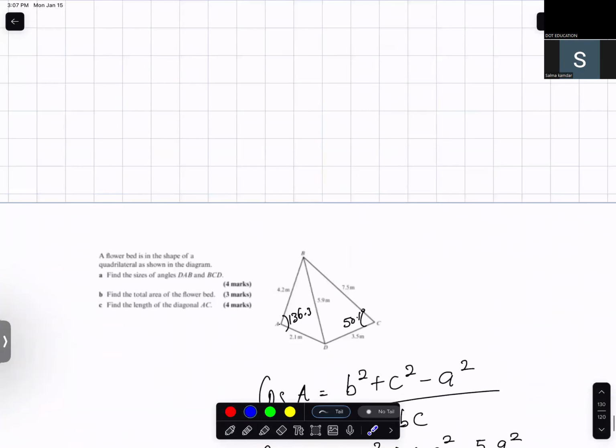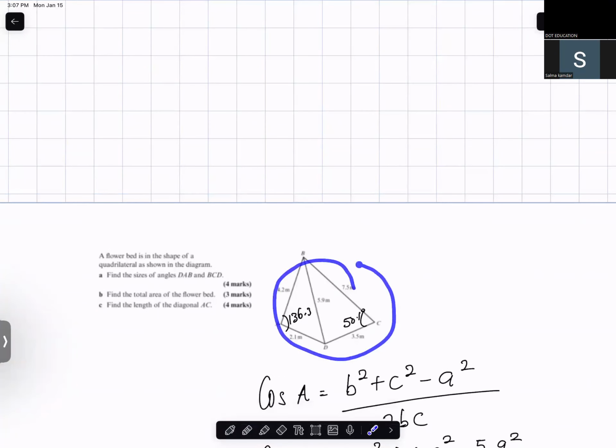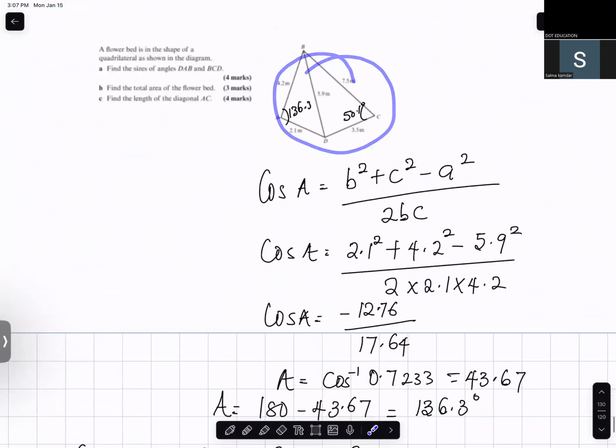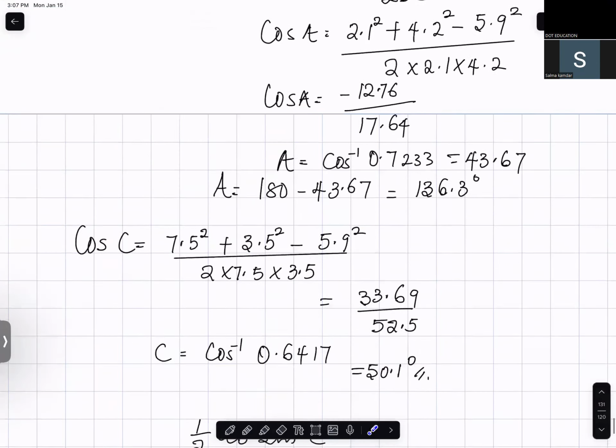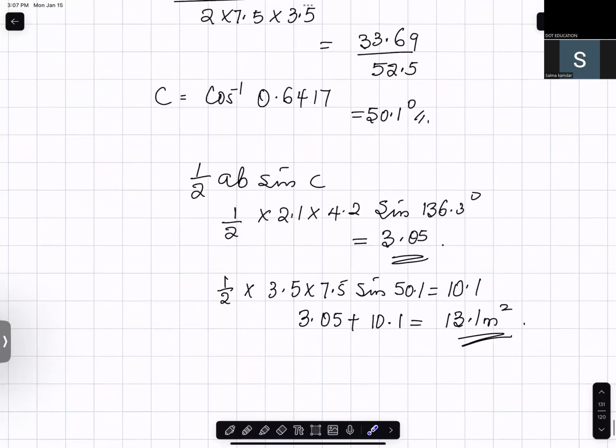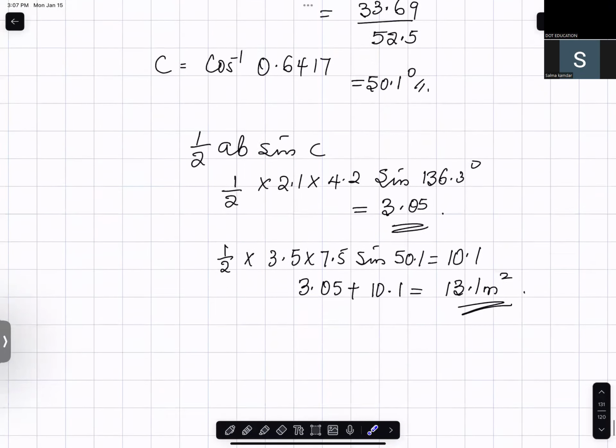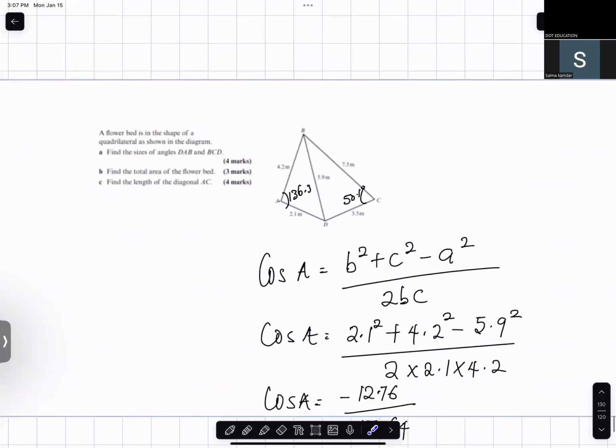So we've gotten the area of the shape. Then next we're looking for the diagonal, which is the length of AC. Looking for the length of that diagonal, what do we apply? If you look at that triangle, we have to find this angle at this point and this angle at this point. If we get both angles added together, we can have the angle opposite to our diagonal.